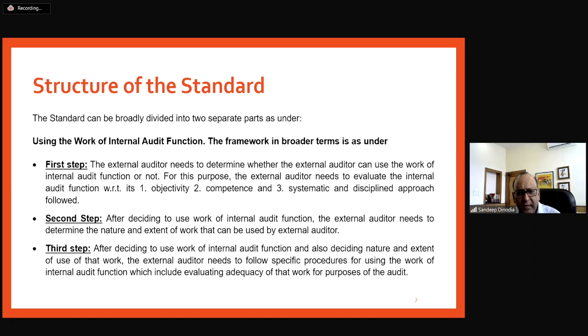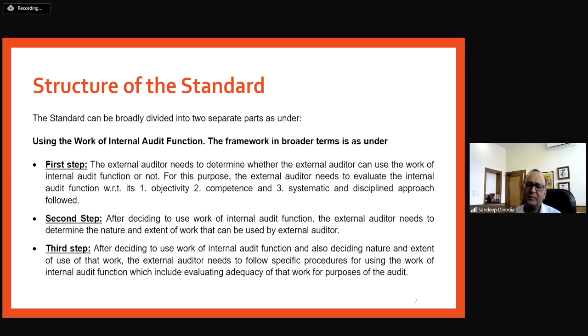After deciding to use the work of the internal audit function and also deciding the nature and extent of the use of that work, the external auditor needs to follow specific procedures for using the work, which include evaluating the adequacy of the work for the purpose of the audit.